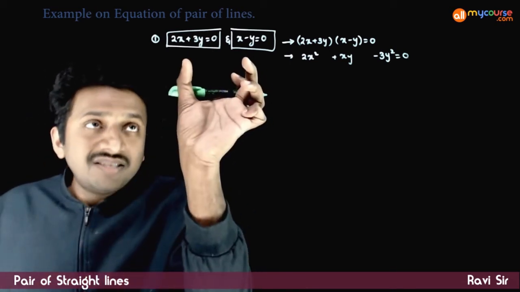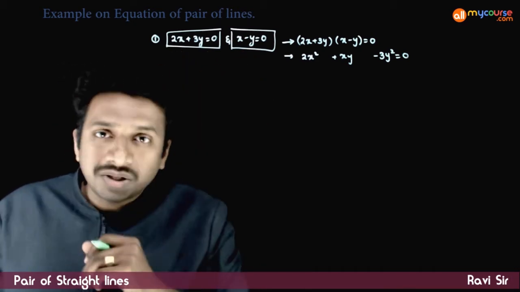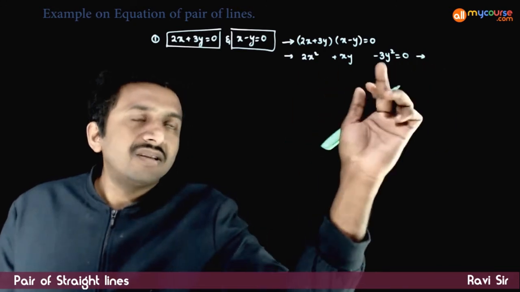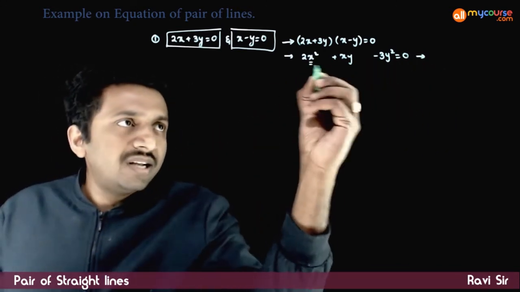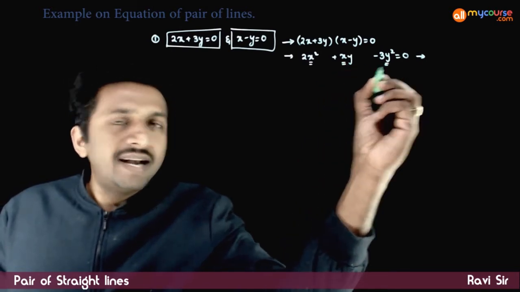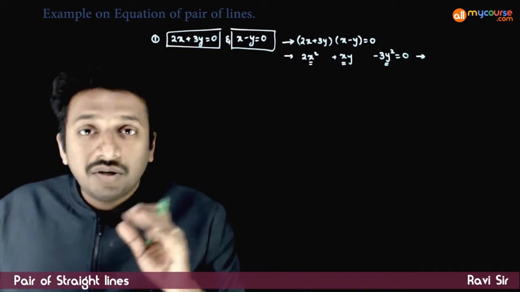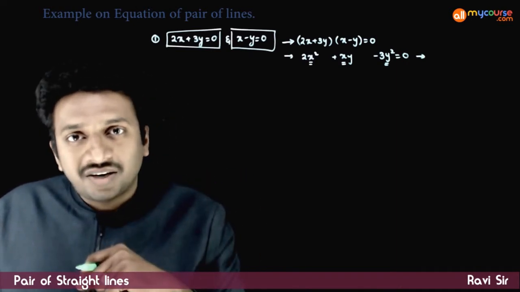So as you can see, if there is no constant term in the equation, you have only three terms in the final equation of the pair of lines: the x square term, the xy term, and the y square term. That is, you have only the quadratic terms. You won't have the linear term. You also won't have the constant term.